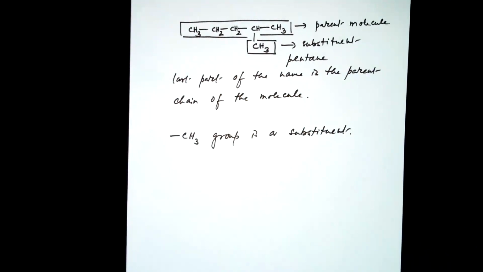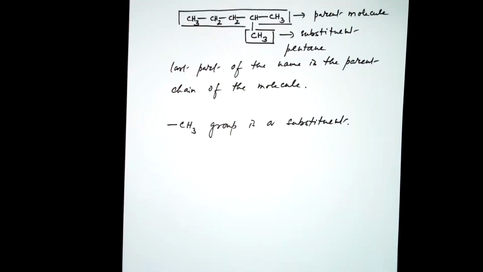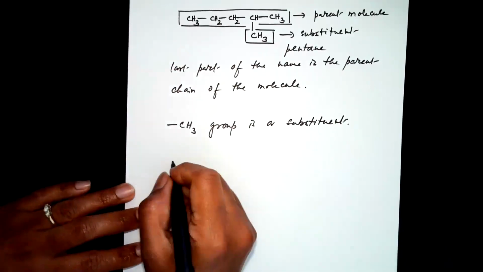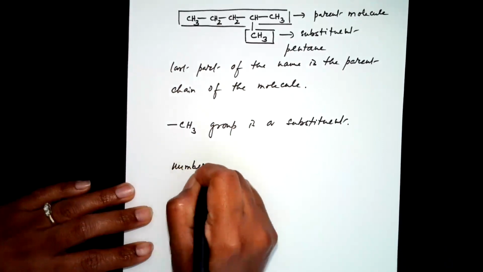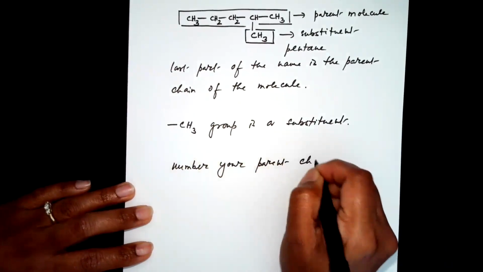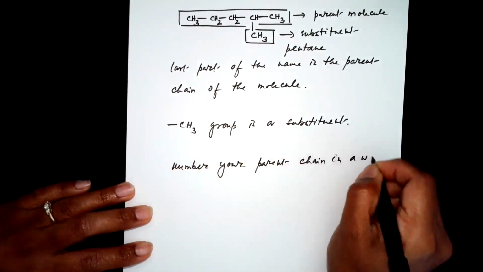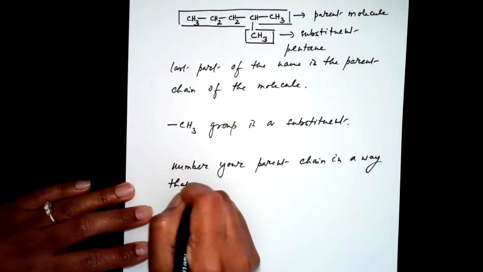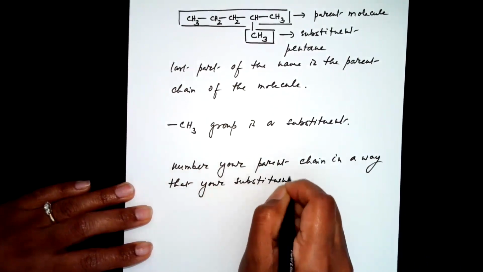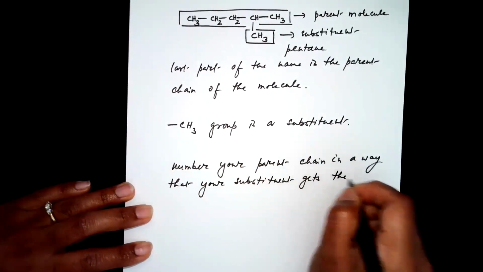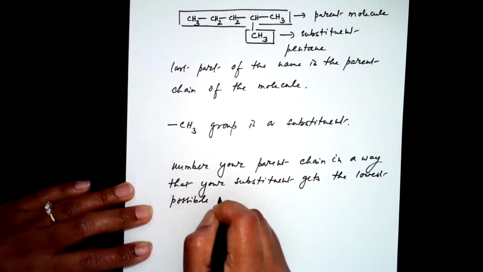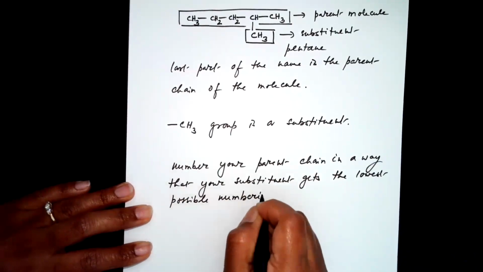So you would spot your substituent and number your parent chain in a way that your substituent gets the lowest possible numbering.